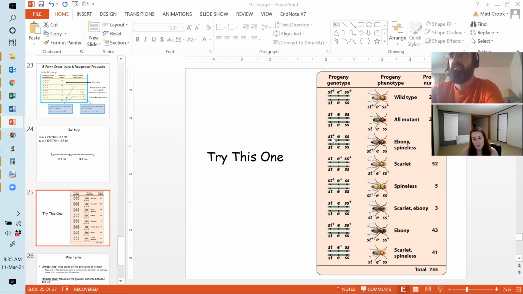Because we have a plus, or actually it's even easier to look at this way. Plus SS E, right? That's the first one. And the reciprocal is going to be ST plus plus. Okay, so that's RF equals, what's that? 50 plus 52 plus what? Yeah, exactly.